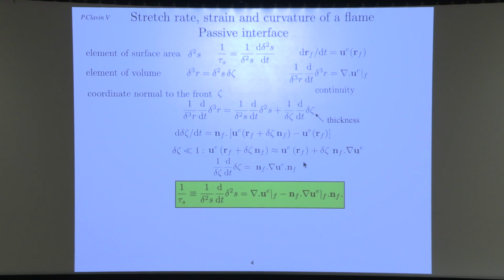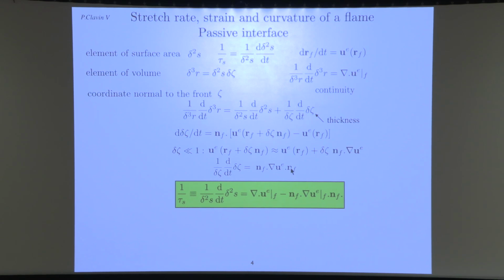So you do that, you develop, and you obtain that the growth rate of the thickness is related to a tensor, which is grad U, scalar N, and this is a scalar, a matrix you multiply by the same vector in front and behind.